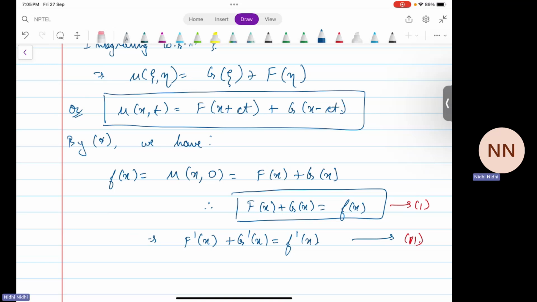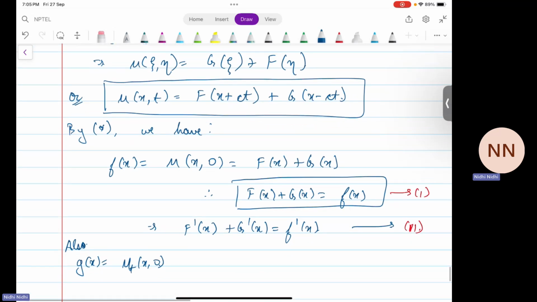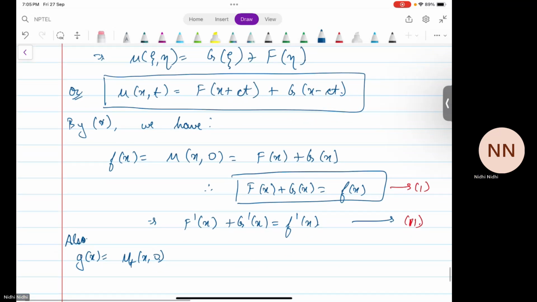Moreover, we have u_t at x comma 0 equal to g of x. Now see that the derivative of u with respect to t is c times f dash at x plus ct minus c times g dash at x minus ct.